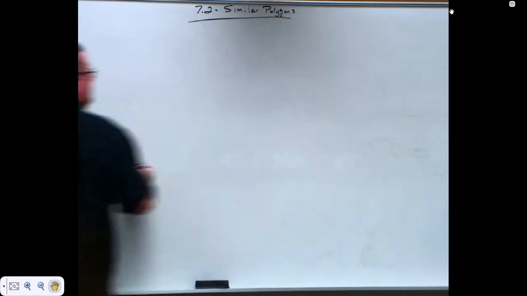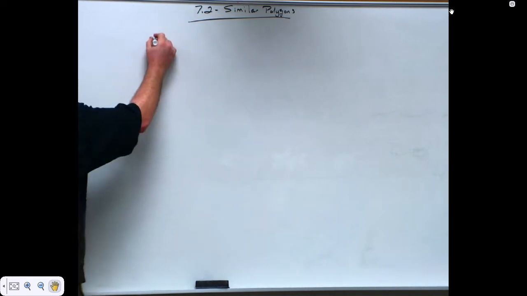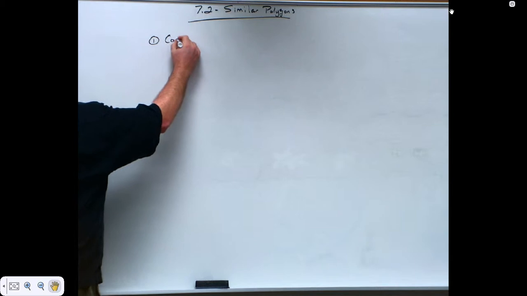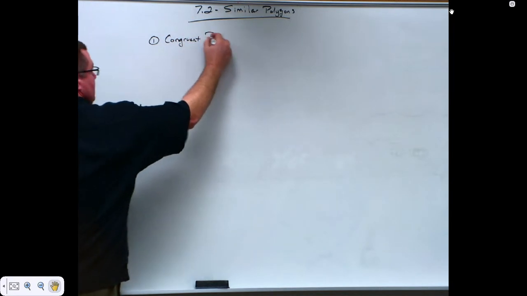Okay, 7.2 similar polygons. When we talk about similar polygons, first I'd like to review what congruent polygons were.